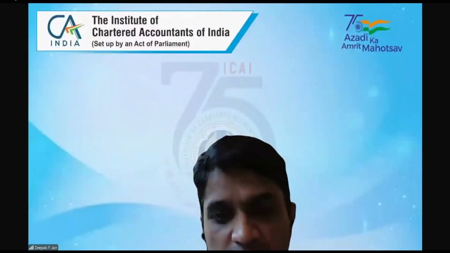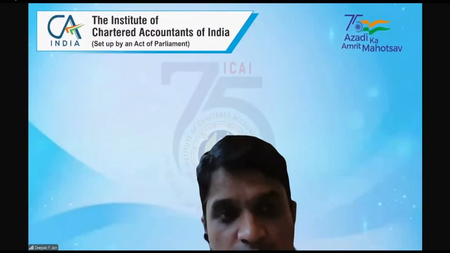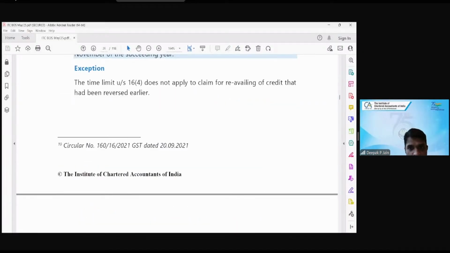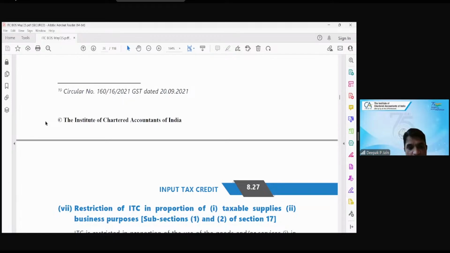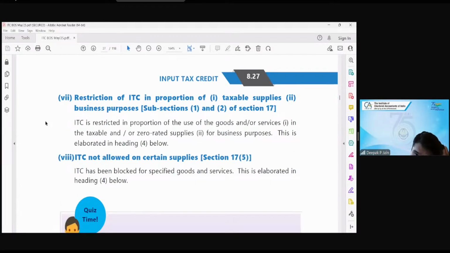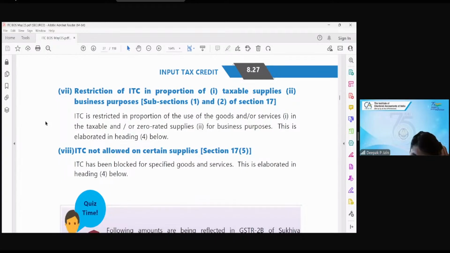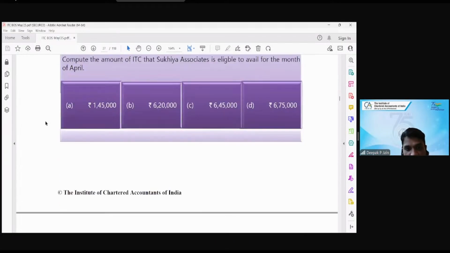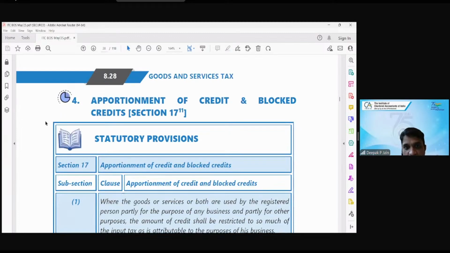I'm not able to understand what you guys are seeing. 8.27 is restriction of ITC. Then point number 8 is ITC not allowed on certain supplies. Okay. And then you have a quiz time. And then 8.28 is apportionment of credit and block credit.